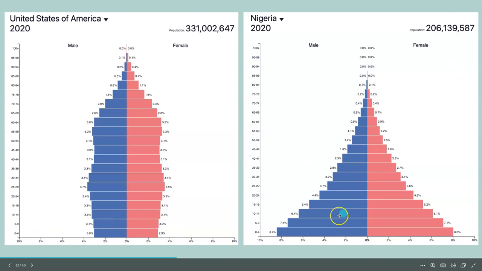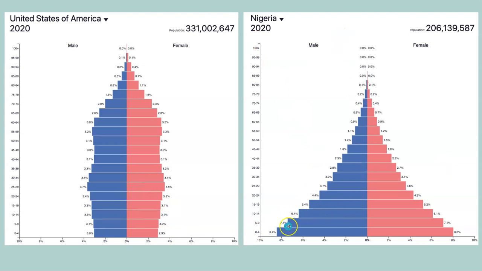However, in the same year in Nigeria, 8.4% of the male population was 0 through 4 years old, compared with 8.0% of the female population. So compared with the United States, Nigeria would have a much wider bottom.